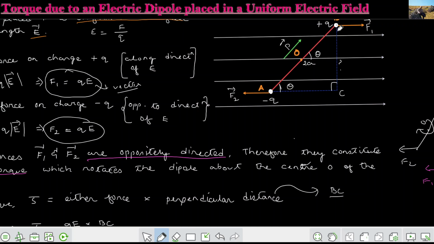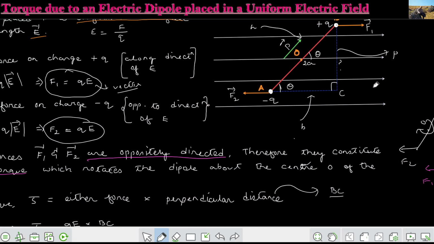Sine corresponds to what? BC in this case will be our perpendicular, AC will be our base, and AB will be your hypotenuse.